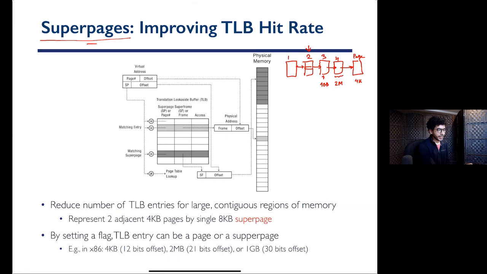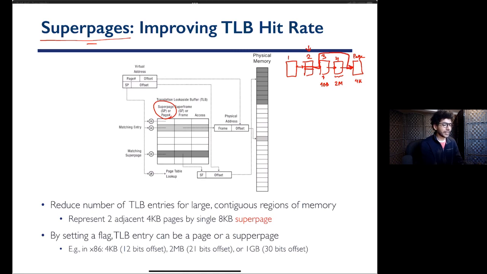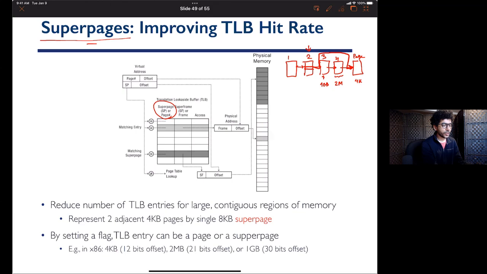Now, if you look at the page table, we can add an indicator that says this entry here is a superpage. And a superpage means don't go to another page table, just use this as a pointer to point to a page.